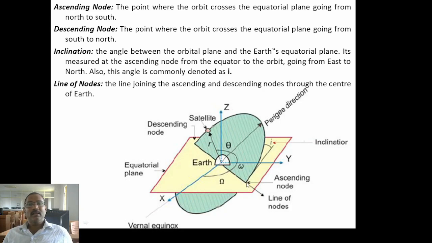It's the line joining the ascending and descending nodes through the center of the Earth. It's the imaginary line joining the ascending and descending nodes through the center of the Earth. That is the line of nodes.